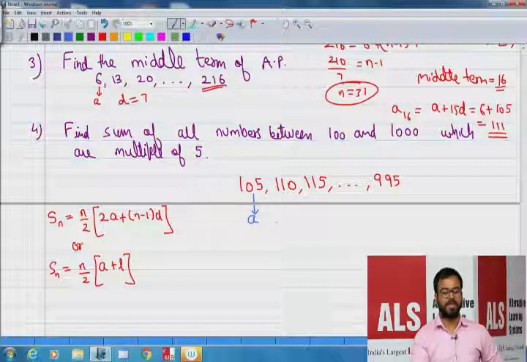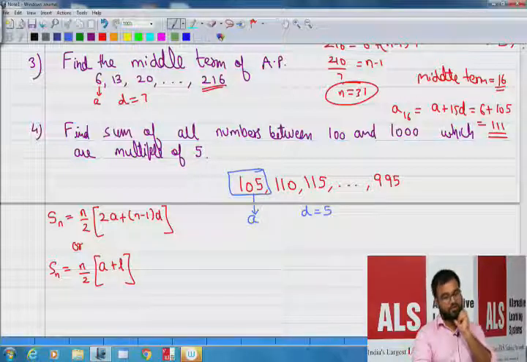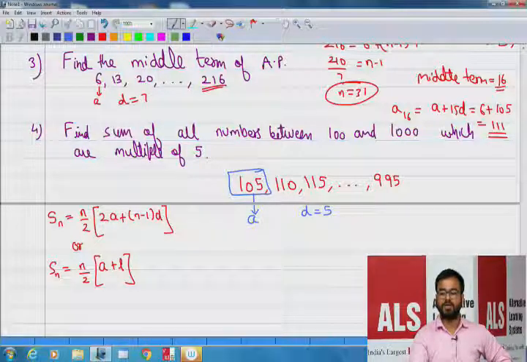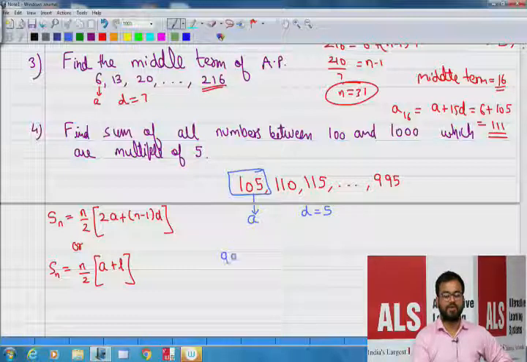Here a is 105 and d is 5. Now we don't know how many terms there are, so first of all we have to figure that out using the general term formula. The last term 995 is equal to a plus n minus 1 into d.